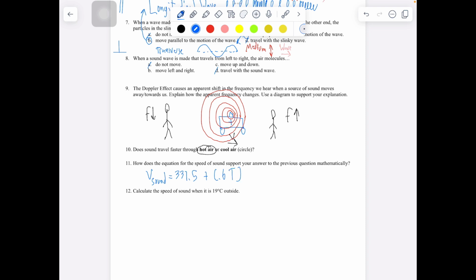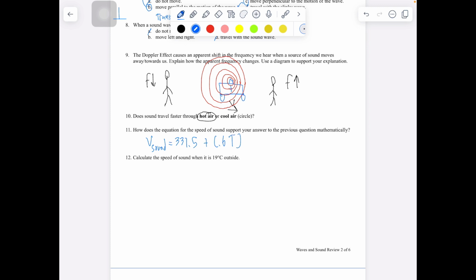What this is really saying is that as temperature increases, this term is going to get bigger and bigger. Meaning, since that's added to our 331.5, that speed of sound is going to increase.